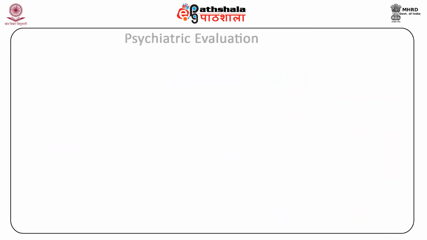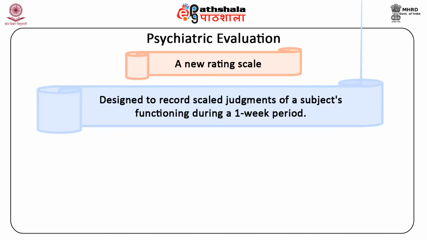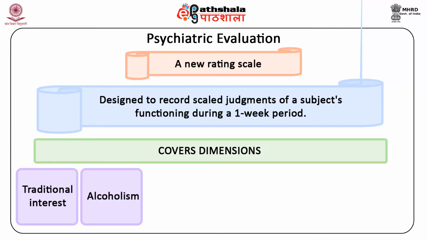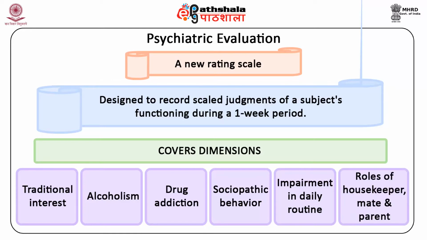Psychiatric Evaluation Form is a new rating scale designed to record scaled judgments of a subject's functioning during a one-week period. It covers dimensions of psychopathology of traditional interest, as well as alcoholism, drug addiction, sociopathic behavior, impairment in daily routine and leisure time, and the roles of housekeeper, wage earner, student, mate, and parent.